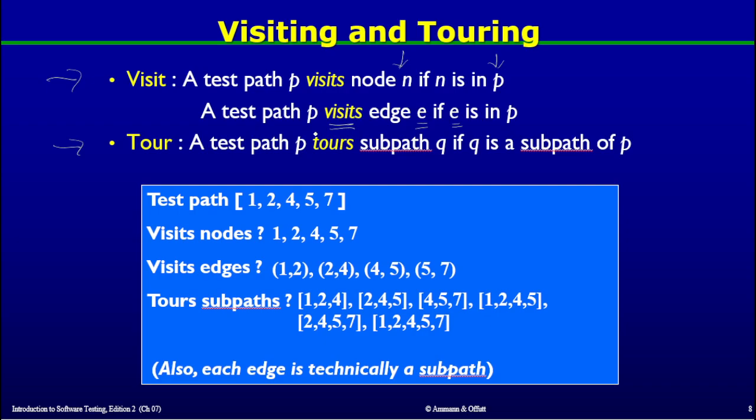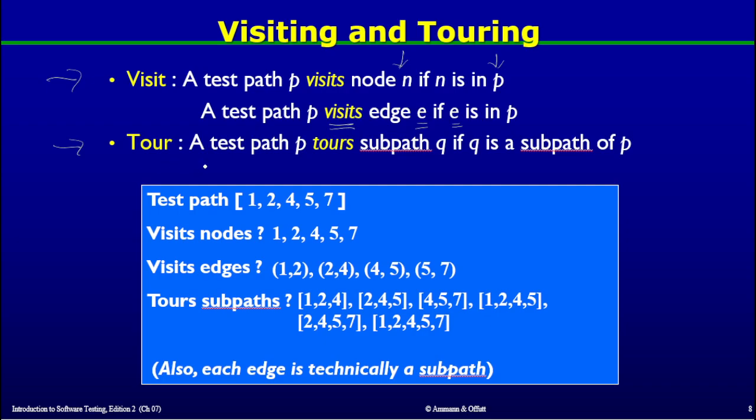And we just saw on the previous slide that a test path always starts at an initial node of the graph and it ends at a final node of the graph. So all those nodes and all those edges that are present in this test path, we will call those nodes or edges as being visited by this test path.